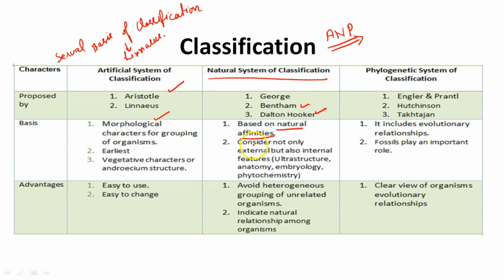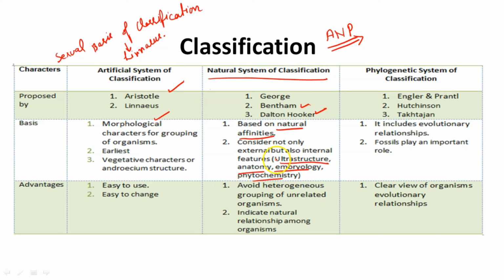The characters considered are morphology, anatomy, embryology, phytochemistry, and ultrastructure. You can see here. But the most important character is not even considered here, which is evolution, the backbone of any classification. So this is a bit of an incomplete classification.